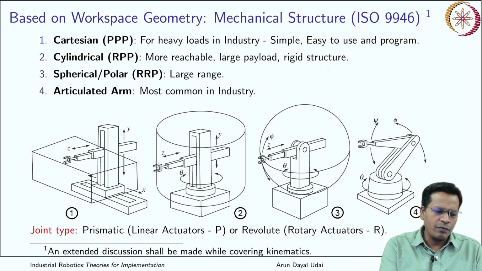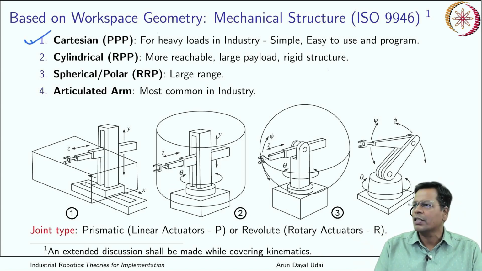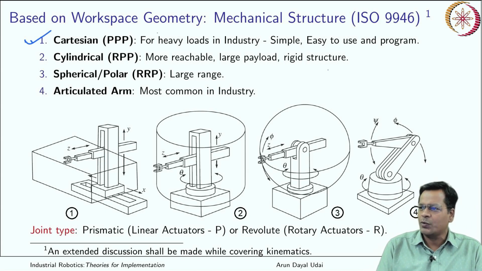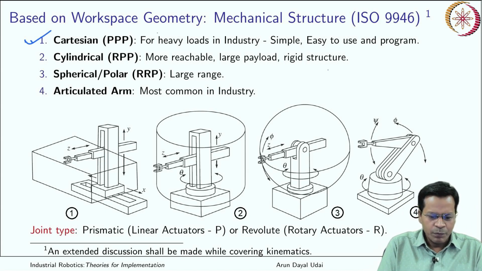Now let us begin with a Cartesian robot, which is PPP type. What does it mean? It has three prismatic actuators. If you see carefully, this robot, this is the arm, which has an actuator that can move in this direction, another one can go in this vertical direction, and a third one can move in this direction.